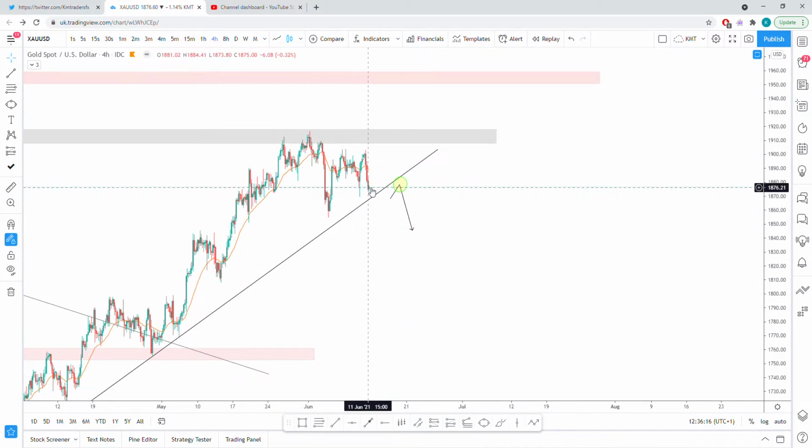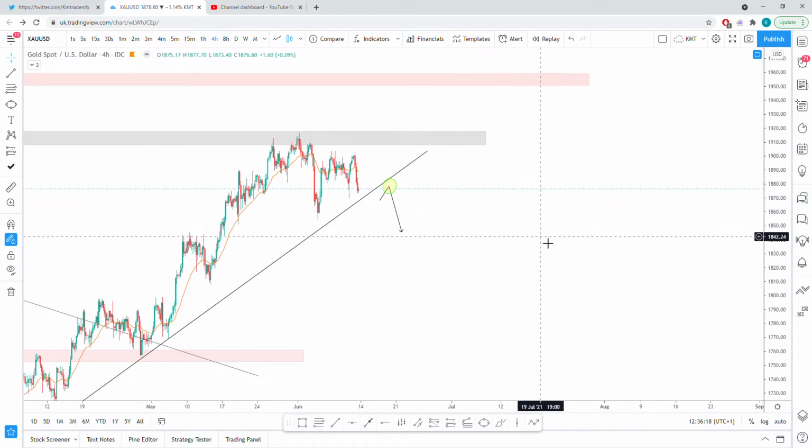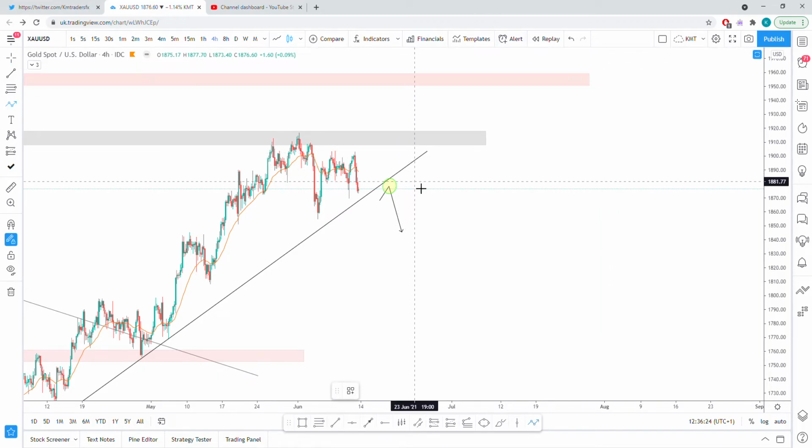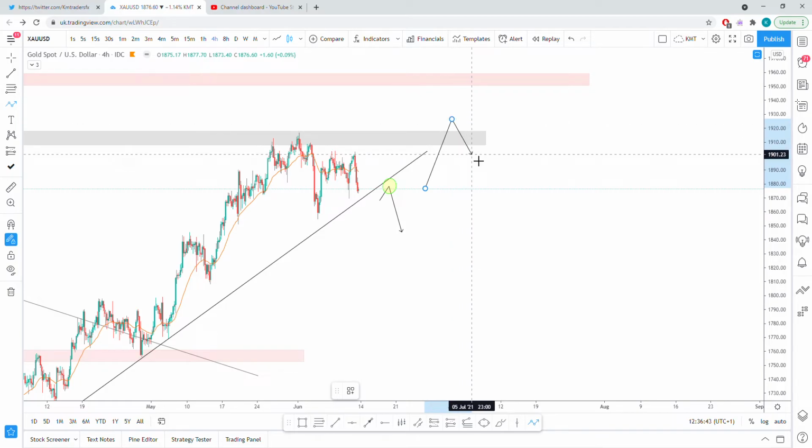Whether that happens now or the alternative is where we get this buying opportunity, and that would happen if we start to see some strong bullish candles towards the upside. It could simply look something like this, where price just starts to push up. If this does happen, we should expect price to ideally break the high at 1920, and the goal for you guys to get in on this entry is to wait for a retest and then a push higher.